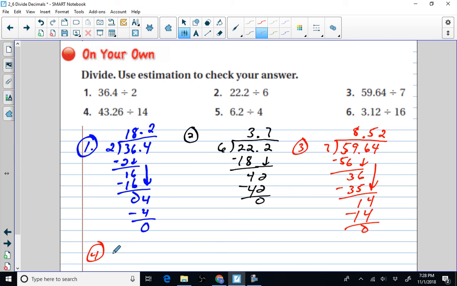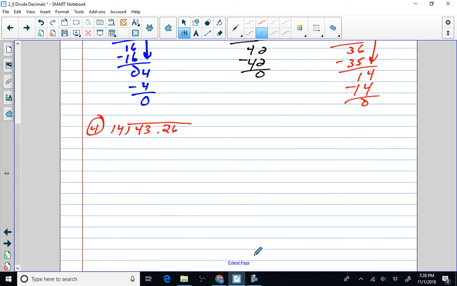Problem 4, 14 is our divisor. 43 and 26/100ths is our dividend. 14 goes into 43. Is that 3 times? 3 times 4 is 12. 2 carry the 1. 3 times 1 is 3 and 1 is 4. Subtract, I get 1.